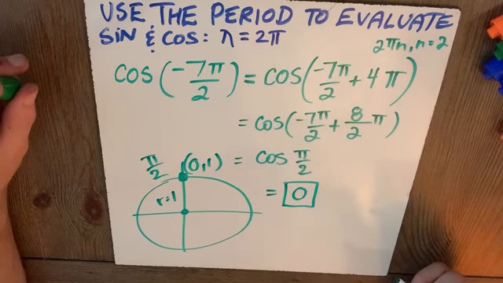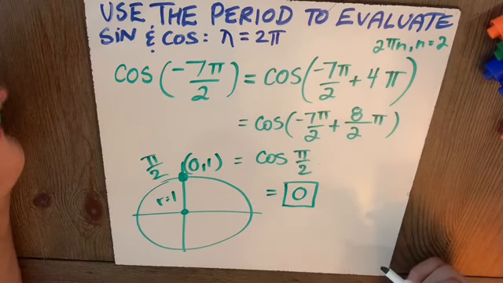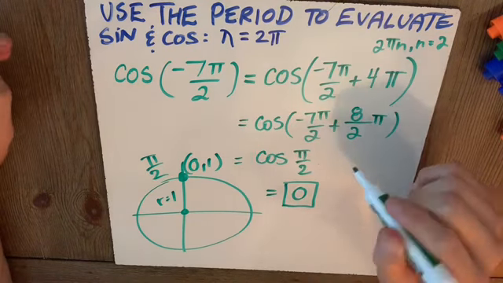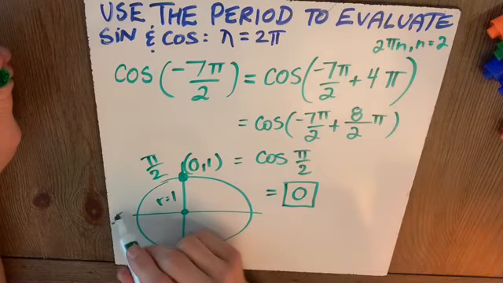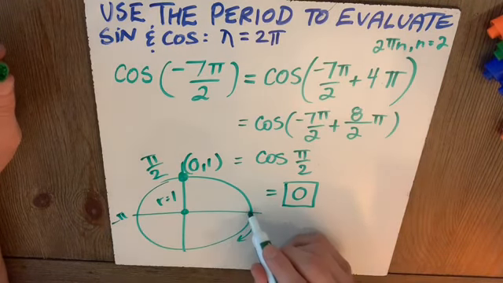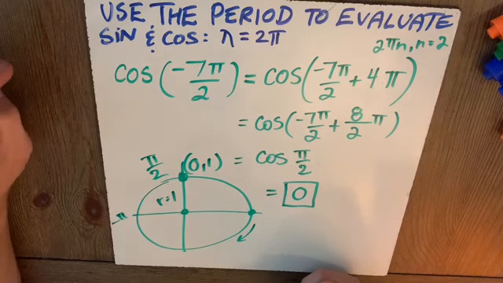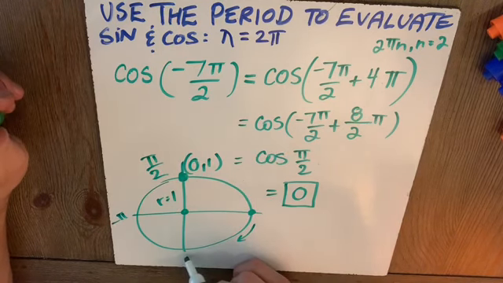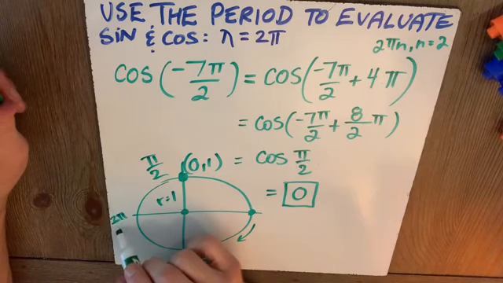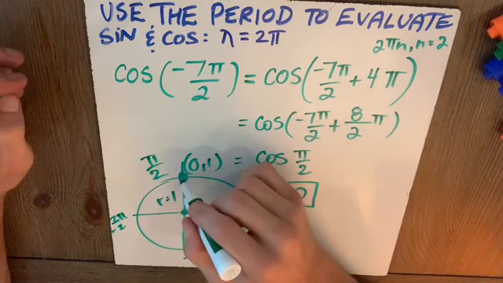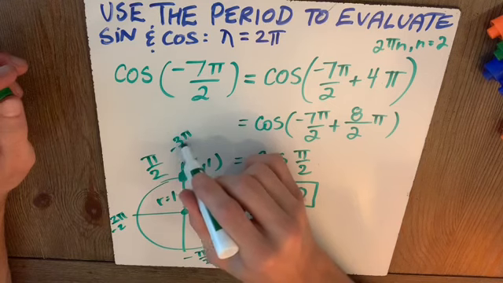Do you have to do it that way? No. Let's do negative 7 pi over 2. If this is negative pi, and now I'm going this way from my positive x-axis, I'm going negative 1 pi over 2. So this is negative 1 pi over 2. Here is negative 2 pi over 2. Here is negative 3 pi over 2.